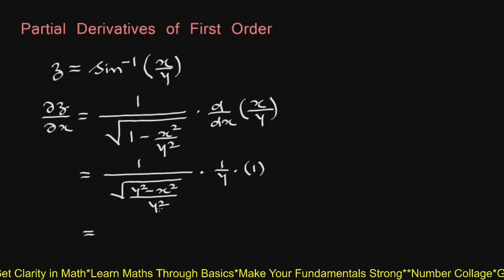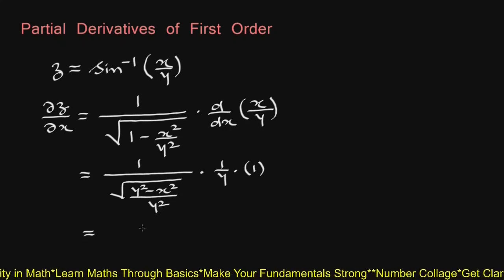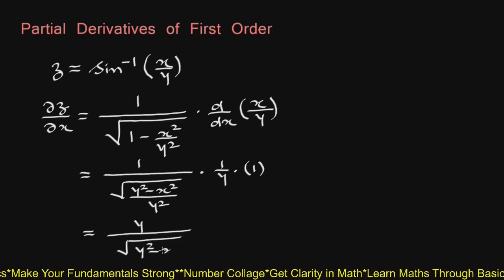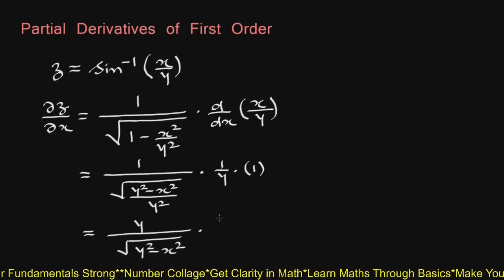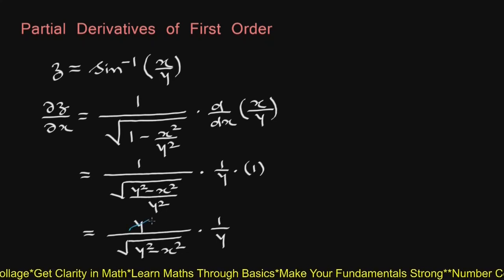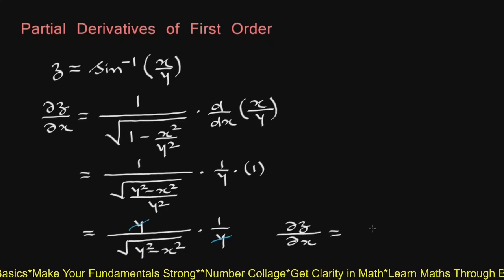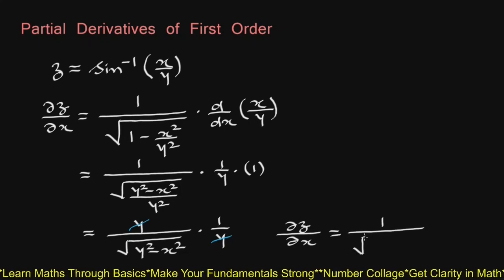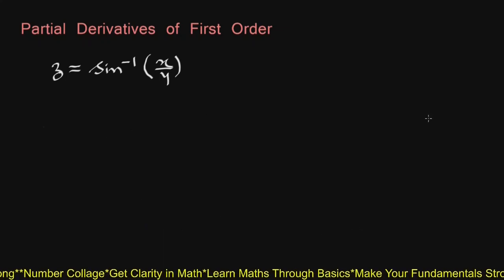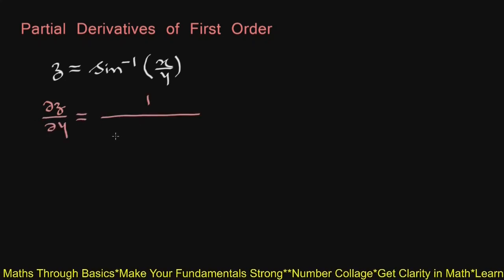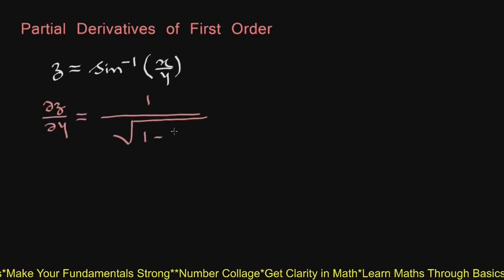This will be the square root of y², that is y, goes up here, upon the square root of (y² − x²), into 1/y. This y cancels and we get ∂z/∂x equals 1 upon the square root of y² − x².